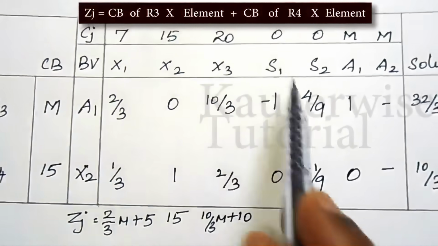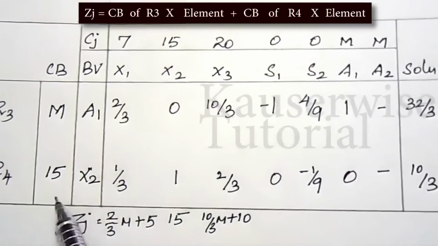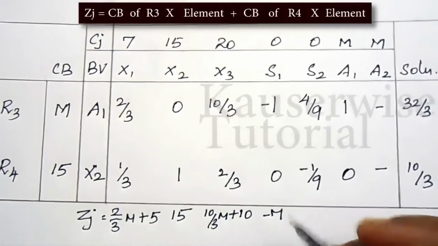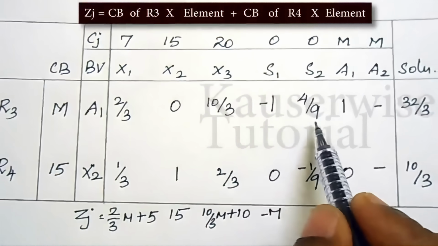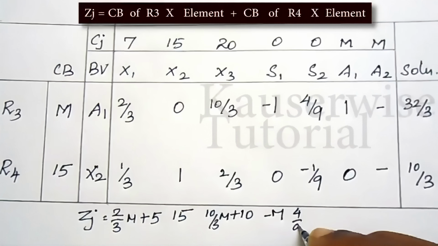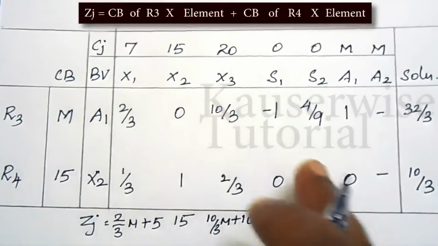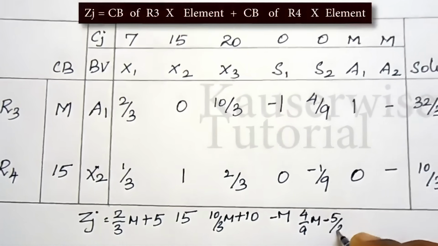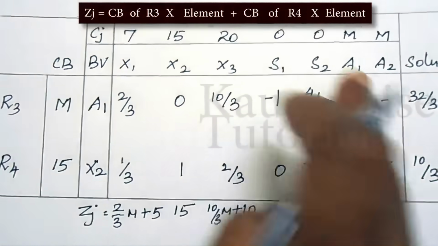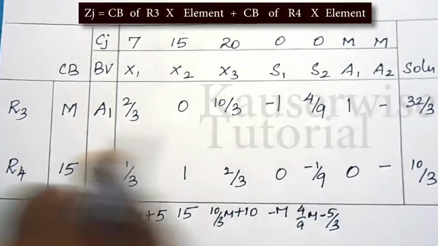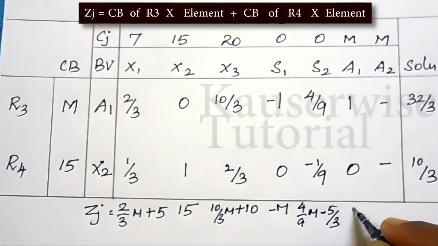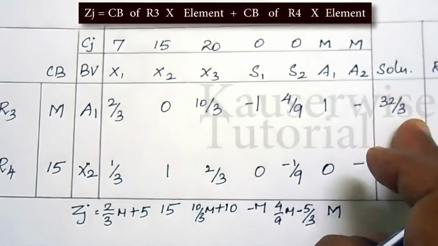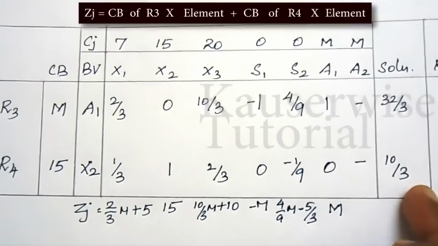Next value, M into minus 1 plus 15 into 0, so minus M. Next value, M into 4 by 9, so 4 by 9 M, plus 15 into minus 1 by 9, so minus 5 by 3. Next value, M into 1 plus 15 into 0, the answer is M. In the same way for the solution, M into 32 by 3 plus 15 into 10 by 3.